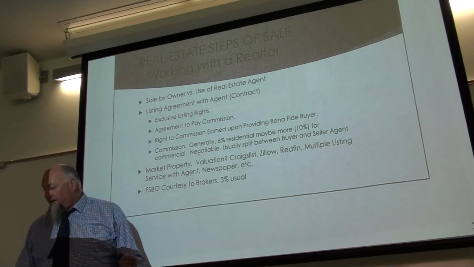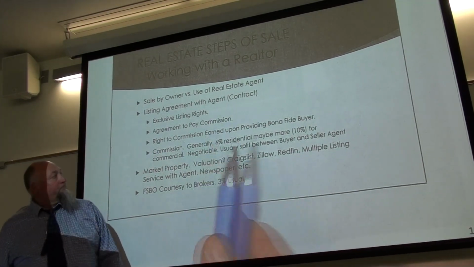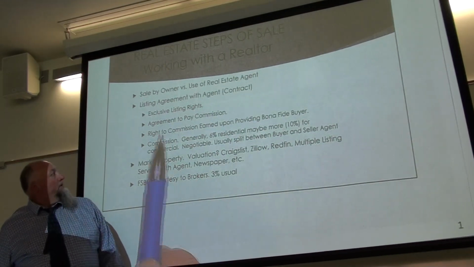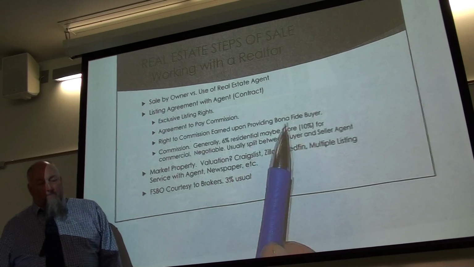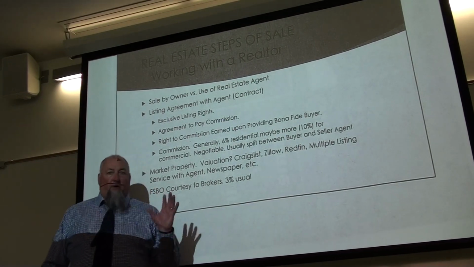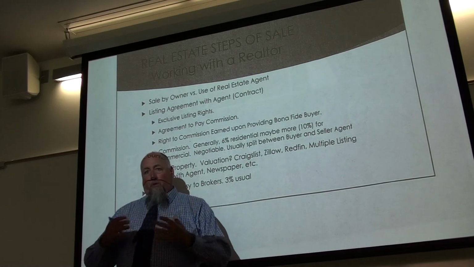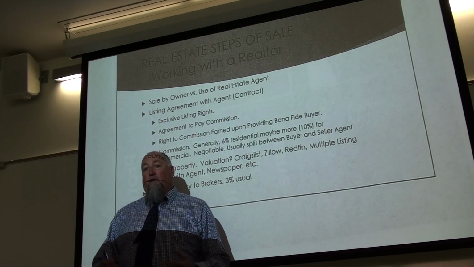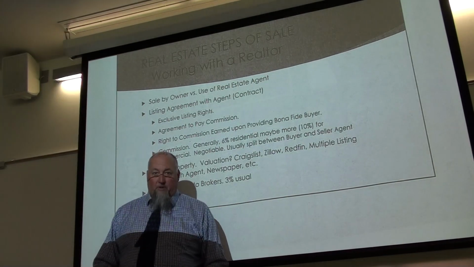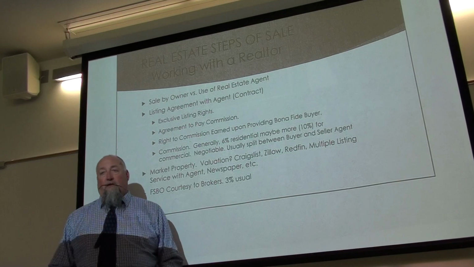Now, one point on that, with the agreement to pay commission, right here, the right to commission is earned upon providing a bona fide buyer. Now, let me explain what I mean by that sentence, because a lot of people don't understand this. When you enter into the listing agreement with the real estate agent, you are agreeing that you will sell the property as a matter of the listing contract with that real estate agent.